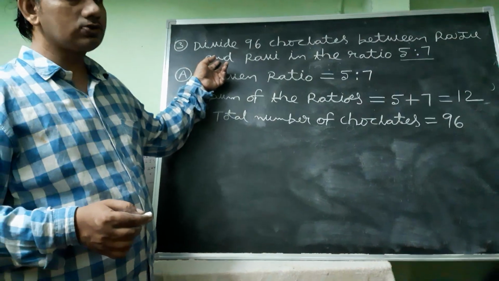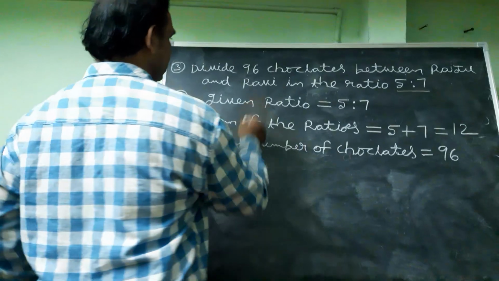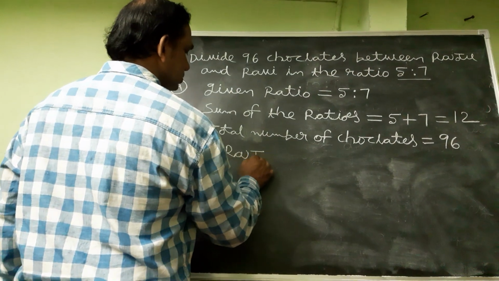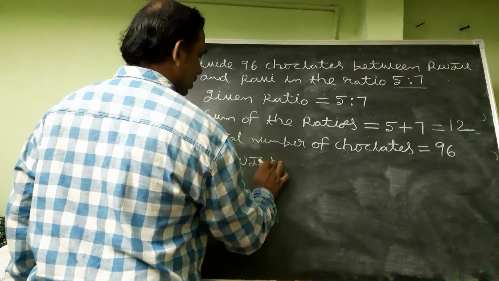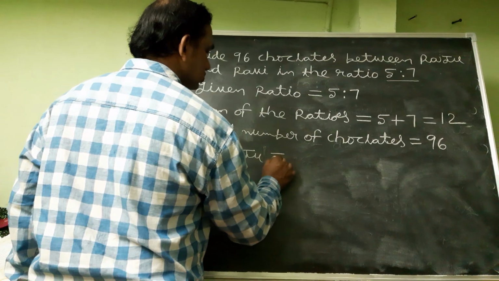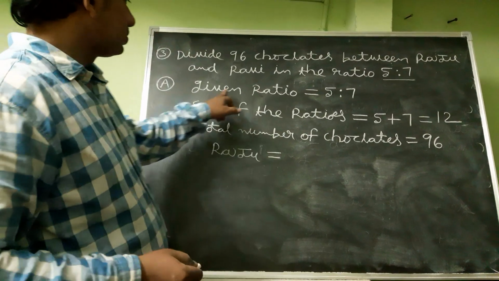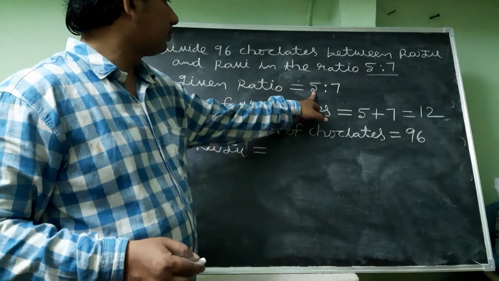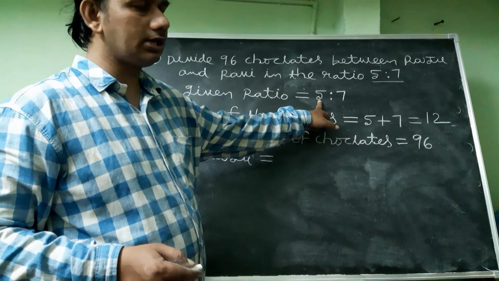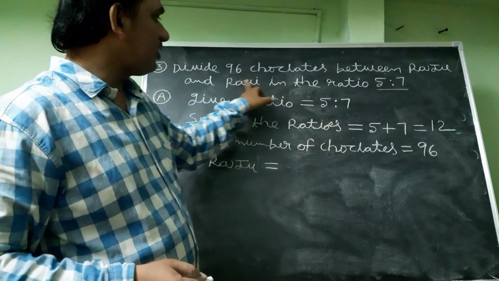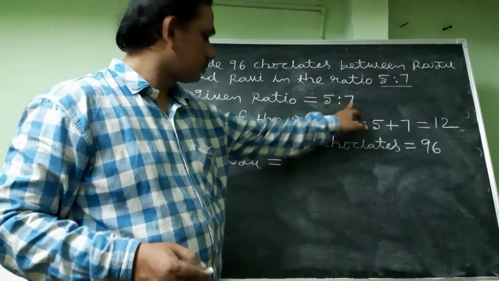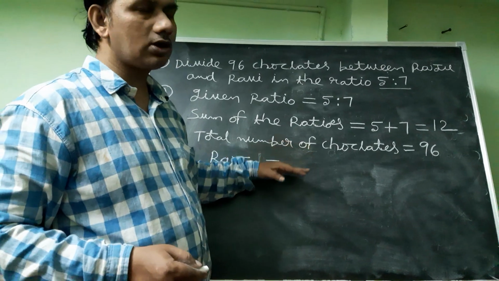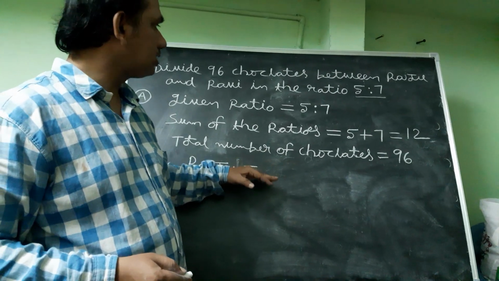So Raju's share: in this ratio, Raju's ratio is 5 and Ravi's ratio is 7. So we will find Raju's share. How many chocolates?